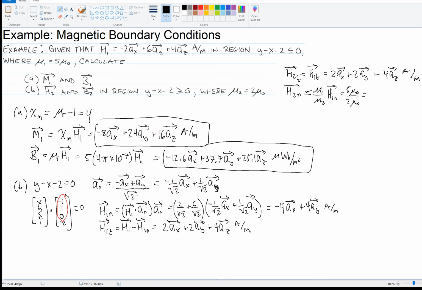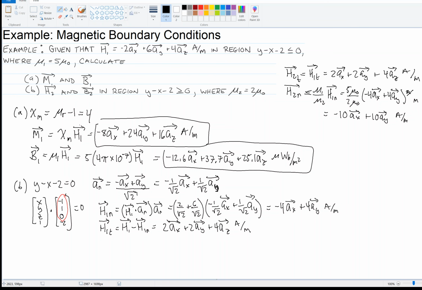And then h2 normal equals 5 halves times h1 normal. And the h1 normal was this minus 4ax plus 4ay, right, amps per meter, like that. And so this turns out to be negative 10ax plus 10ay amps per meter.